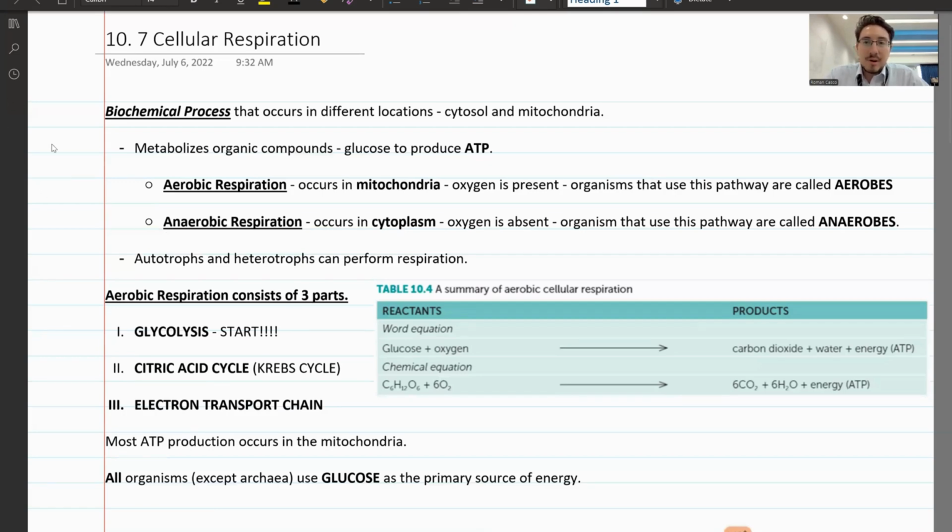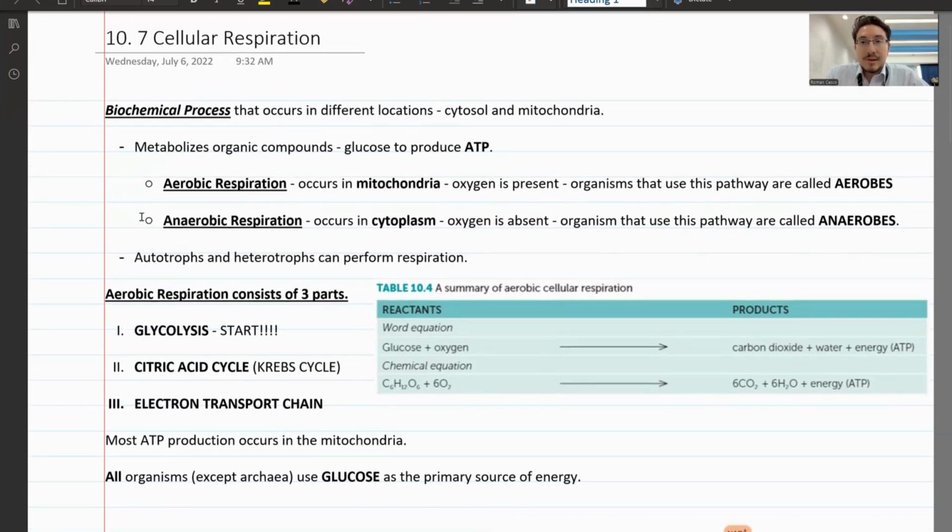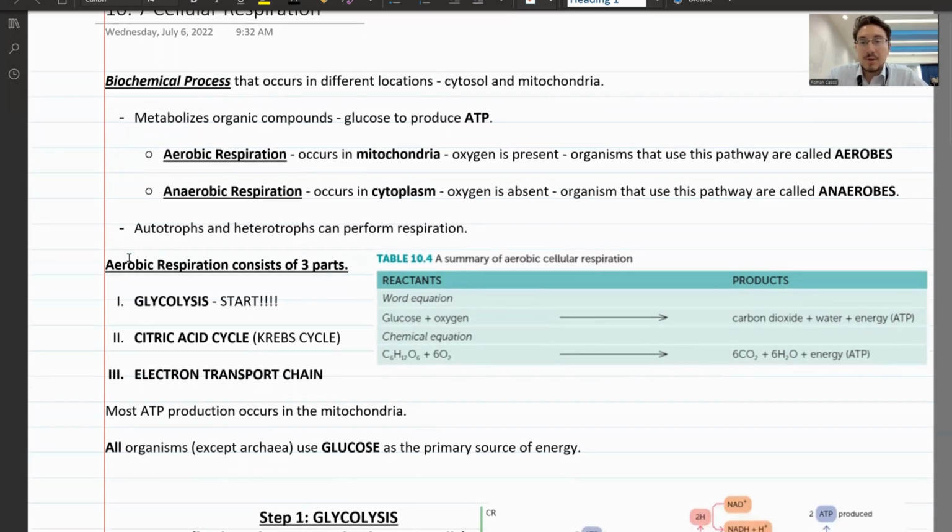Some biochemical processes occur throughout the cytosol of the cell, and then some other stages of cell respiration occur in the mitochondria, as we're going to take a look at. Ultimately, the whole process of cellular respiration is to produce ATP from the breakdown of glucose. So you want to metabolize glucose to create chemical energy.